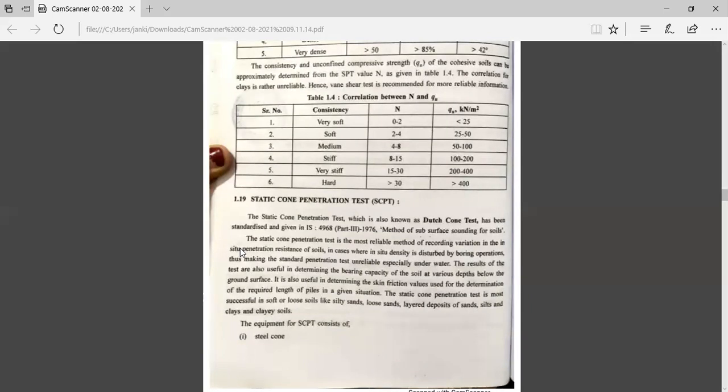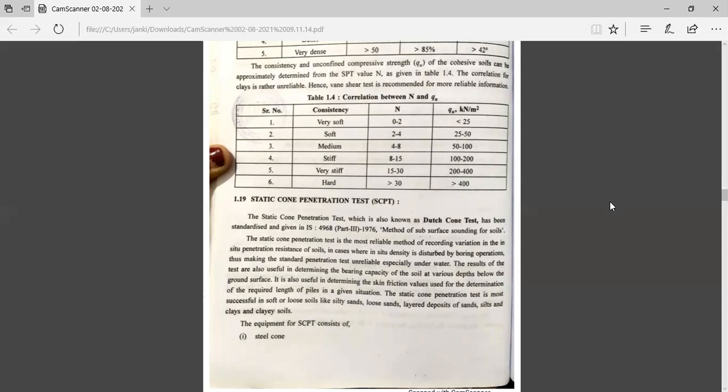This SCPT test is the most reliable method for recording the variation in the in situ penetration resistance of the soil in cases where the in situ density is disturbed by boring operations, thus making the standard penetration test unreliable, especially under water.